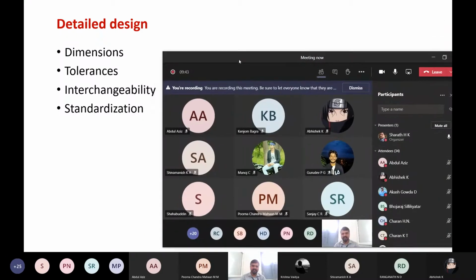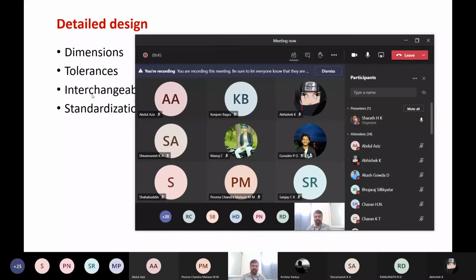Then interchangeability. When you go for assembling, since you specify a tolerance limit, some components are within the tolerance limit, but consider the tolerance limits of two components which are at the extreme tolerance values, that means produced at the high limit and the low limit. Then if you go for assembling, it may not be possible for you to assemble the two components.